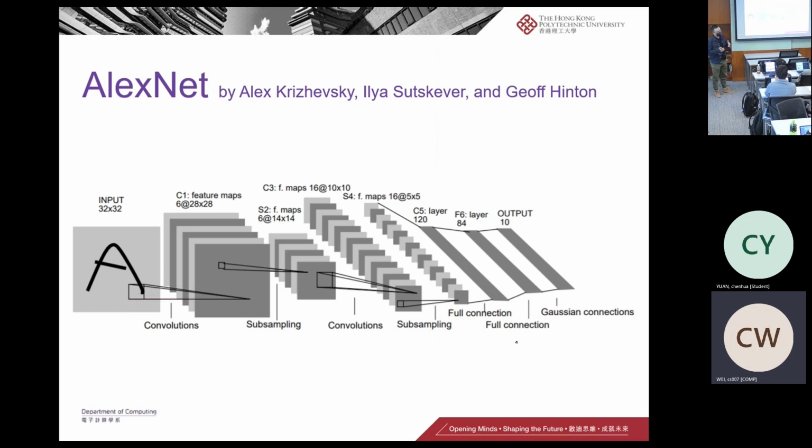AlexNet outperformed all of those traditional classifiers by using neural networks called CNN, so it attracted a lot of attention. I think that's the first neural network that made deep learning really popular, like today.